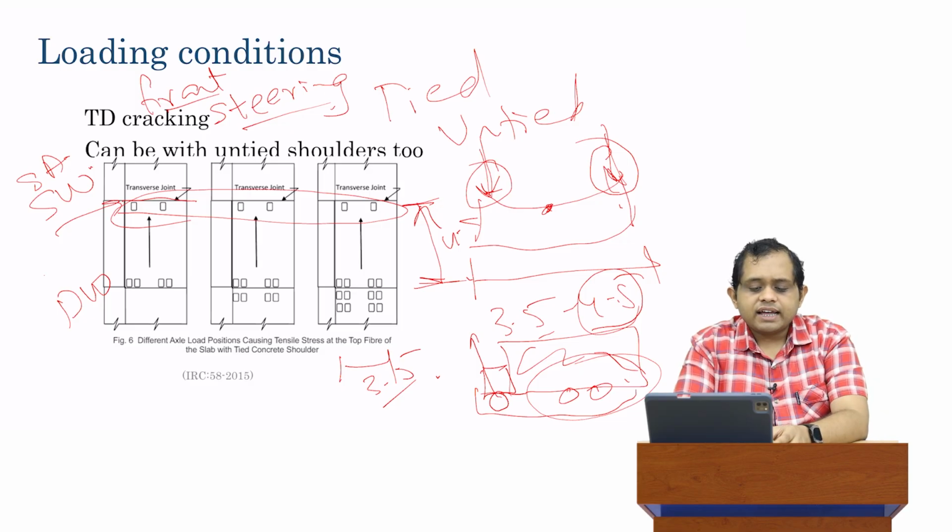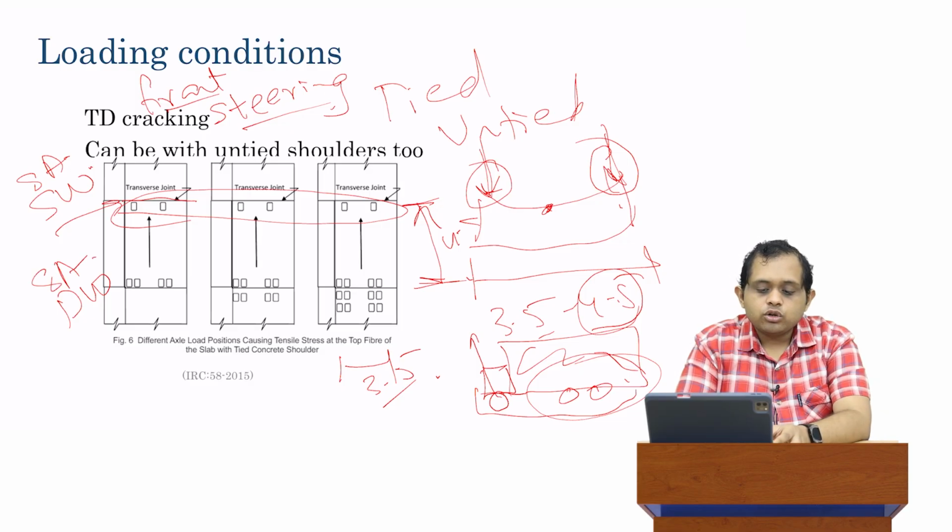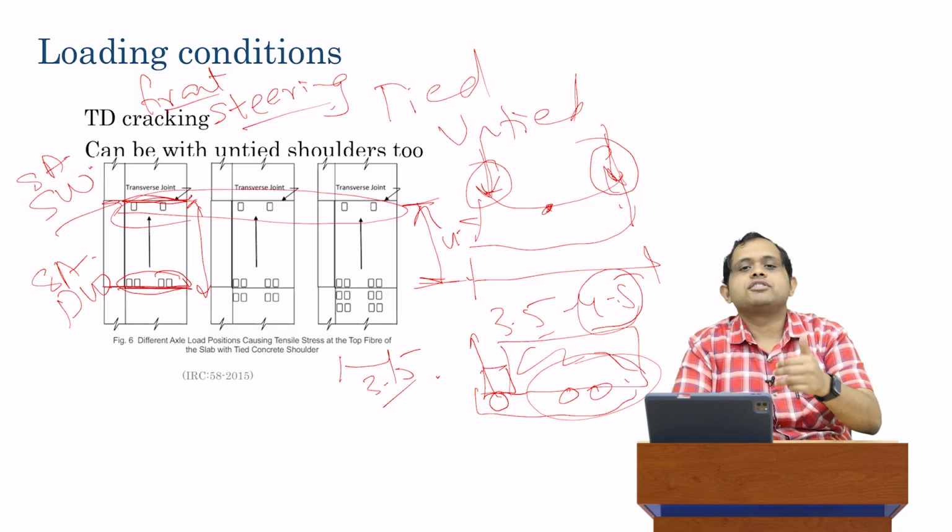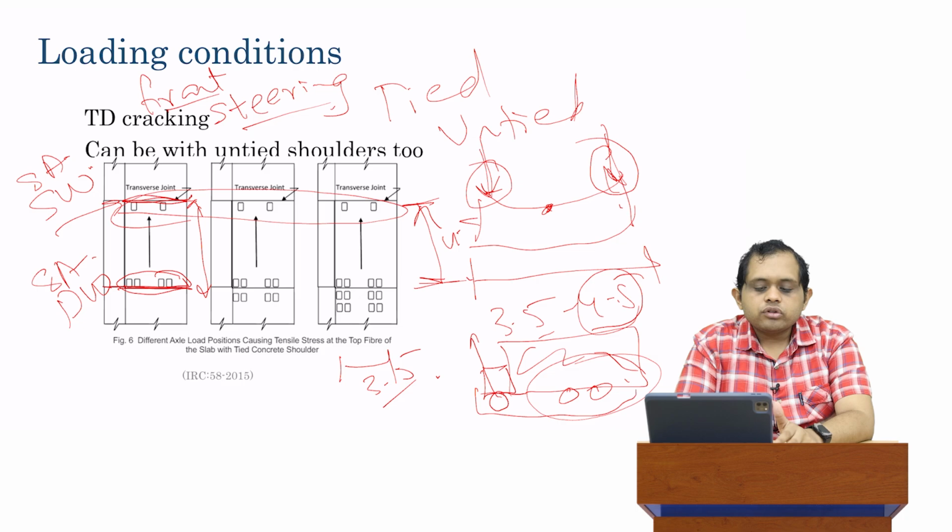For example, if the rear axle is a single axle dual wheel, then you place that single axle dual wheel on this transverse edge. So the front axle is placed on this transverse edge, and 4.5 meters from that, the single axle is placed on the other transverse edge. And of course, both are placed such that the outer wheel of the rear axle is just at the longitudinal edge. That is the critical loading condition assumed in IRC 58 when the rear axle is single axle dual wheel.